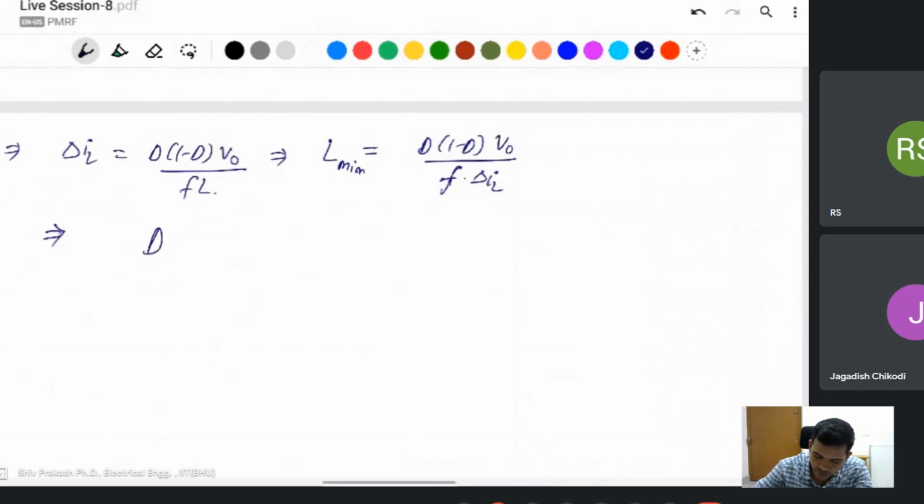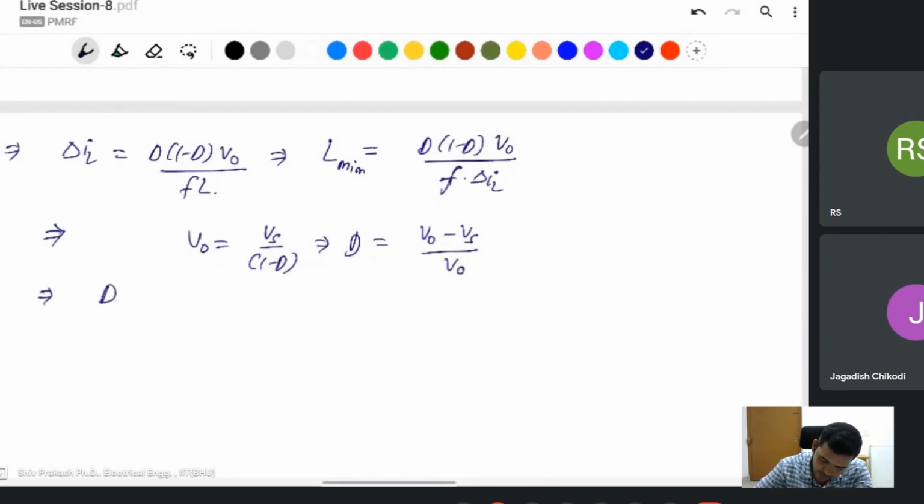First, calculate D minimum and D maximum. D minimum: V output is equal to VS divided by 1 minus D. Calculate D here: V output minus VS divided by V output.